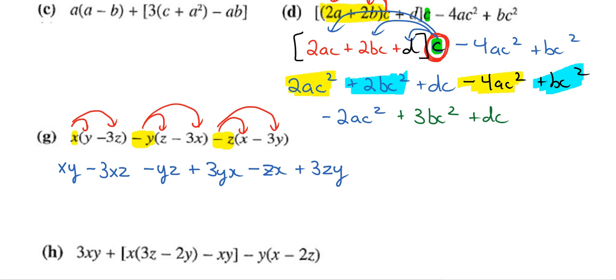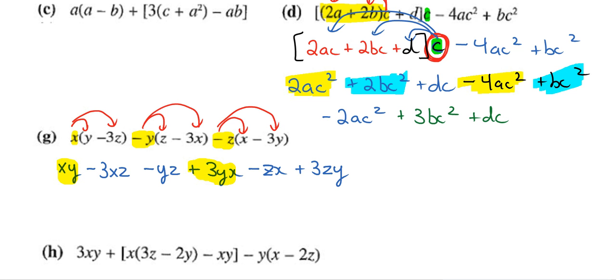And now this is where you want to be very careful. You want to collect the like terms, okay? So if I look at the xy, you want to look for other expressions that have a letter x and the letter y. And here's another expression that has a letter y and the letter x. Now the letter y and the x, you can switch them around, but as long as they have the x and the y together, then those are like terms.